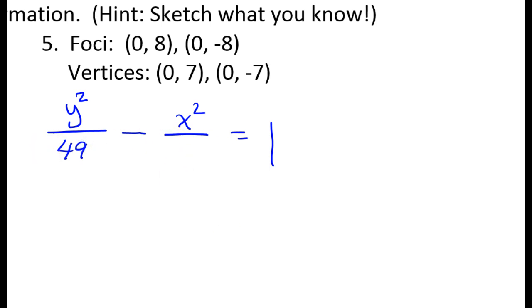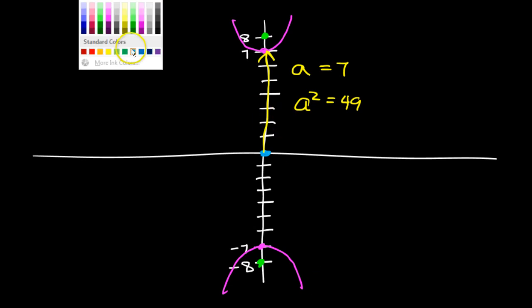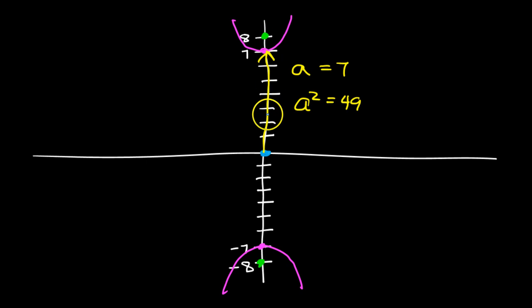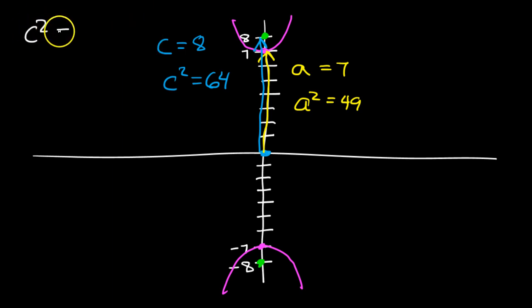Now I need b squared. I don't have b squared in the picture, but what I do have is c, because the c value is the distance from the center to a focus. So c is 8, which means that c squared is 64. That will help us find b squared, because in a hyperbola the relationship is c squared is equal to a squared plus b squared.